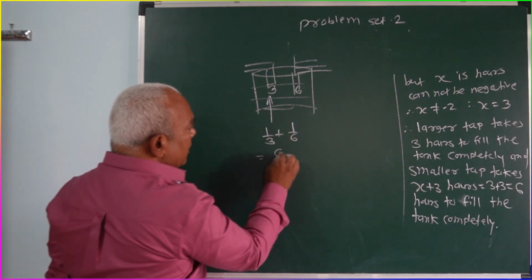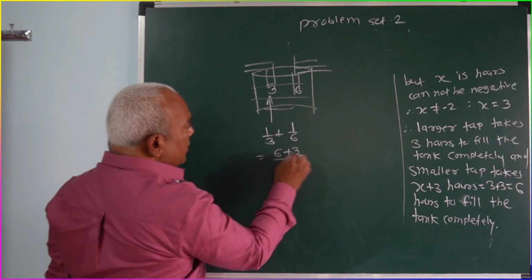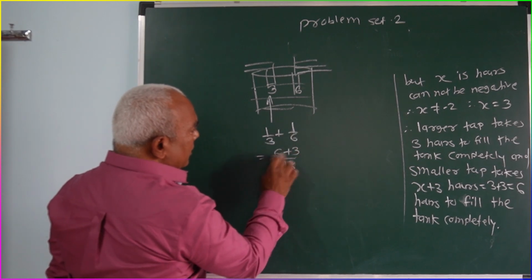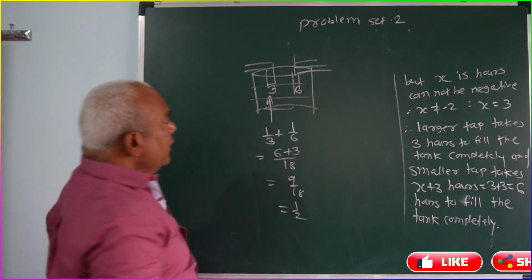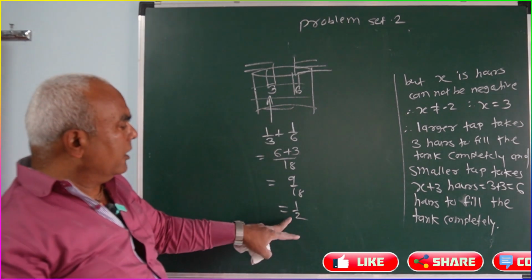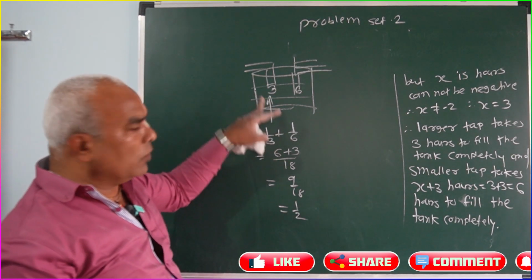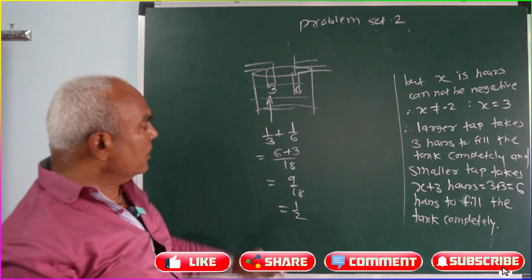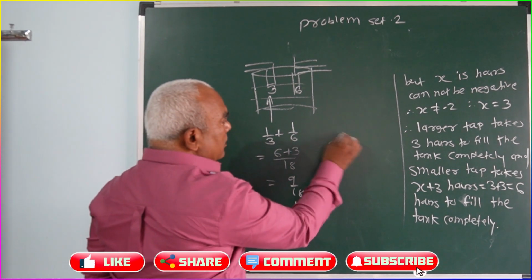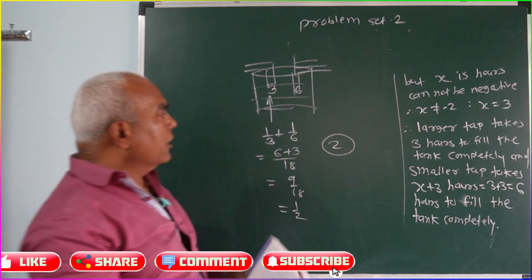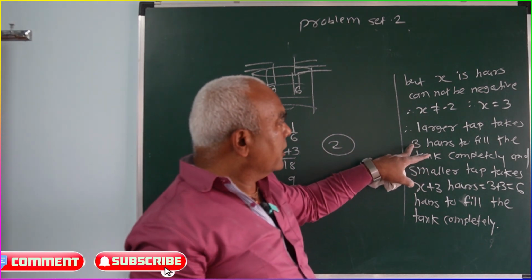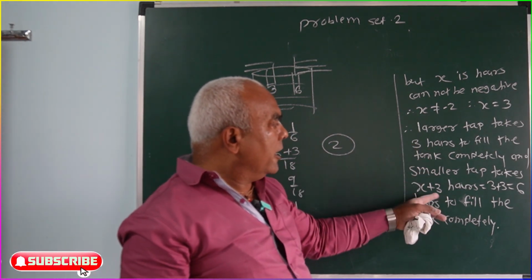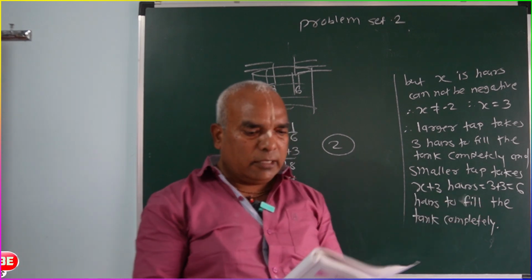Taking LCM, 6 times 1 is 6, 3 times 1 is 3, 6 times 3 is 18. Adding 6 and 3 gives 9 upon 18, which means 1 upon 2. If both taps are open, they are making half a tank in 1 hour, and half a tank in the next hour. Therefore, in 2 hours they complete that tank completely. Therefore, the larger tap takes 3 hours and the smaller tap takes 6 hours. That is the answer.